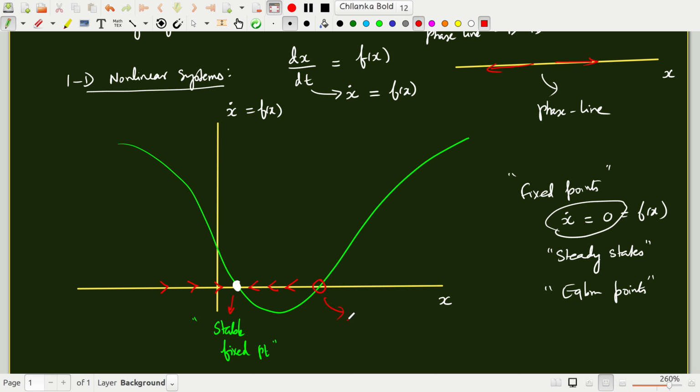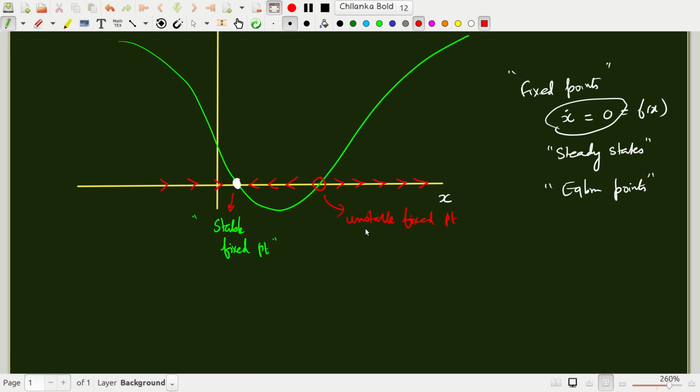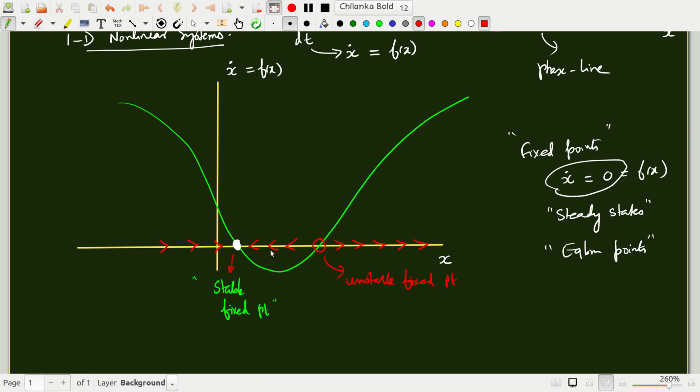Because if I take an initial condition a little bit away, to the left, then dx dt is negative, so x will continue to decrease with time. On the other hand, if I take an initial condition slightly to the right, dx dt is positive, so x will increase with time. So these are the ideas of stable and unstable fixed points.